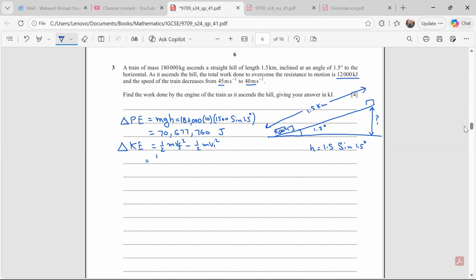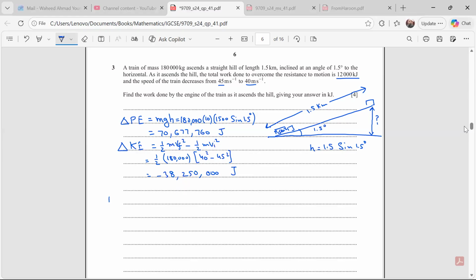So this would be half, and m is 180,000, and then v_f is 40 squared minus 45 squared, right? So this all comes out to be minus 38,250,000 joules.